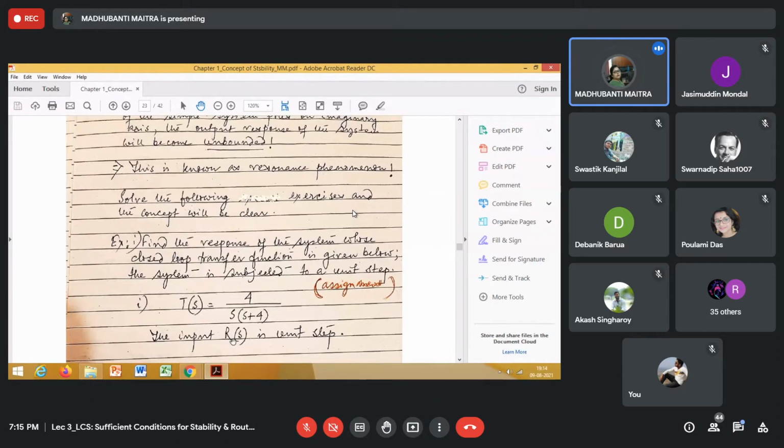That's why the system is behaving like an unstable system. Since the system pole on the imaginary axis and the pole of the input are co-located, located at the same place, this kind of behavior of a system is called instability due to resonance.